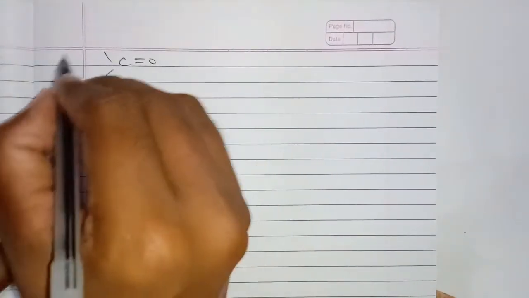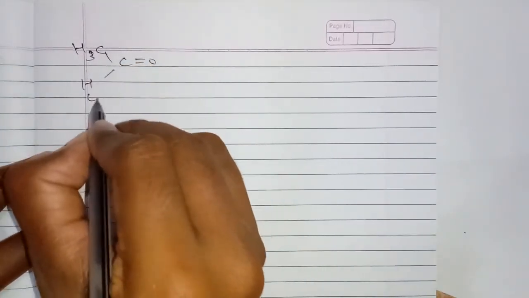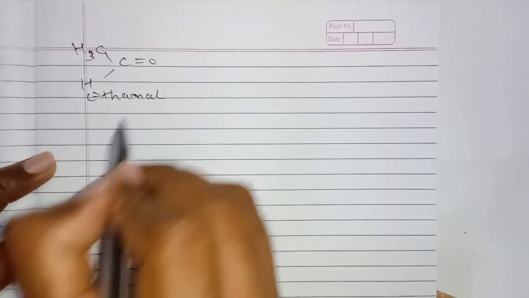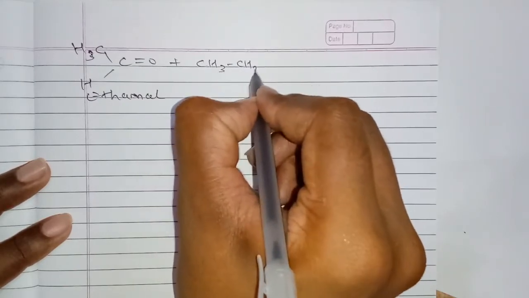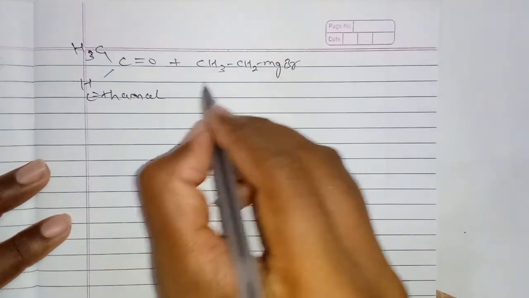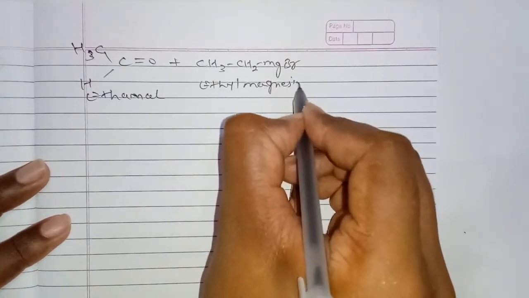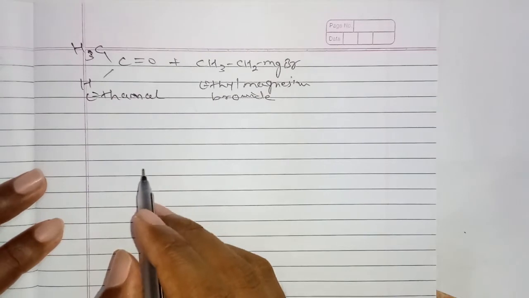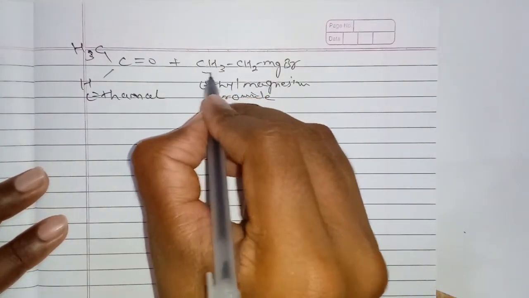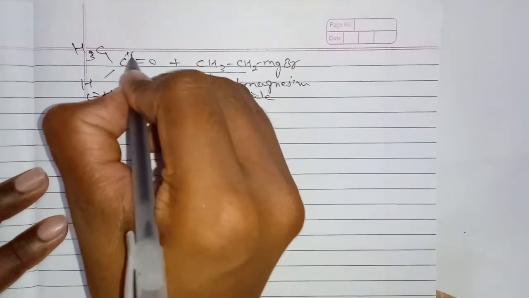Now another reaction: here is CH3CHO, ethanal, and CH3CH2MgBr, ethyl magnesium bromide. Now ethyl will be our nucleophile and will attack on the carbon.